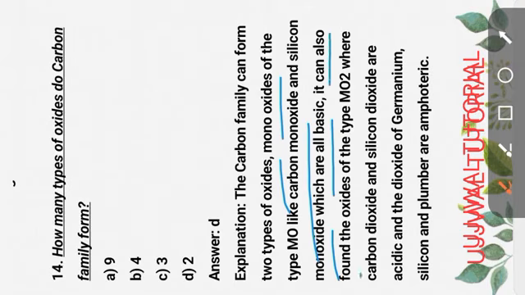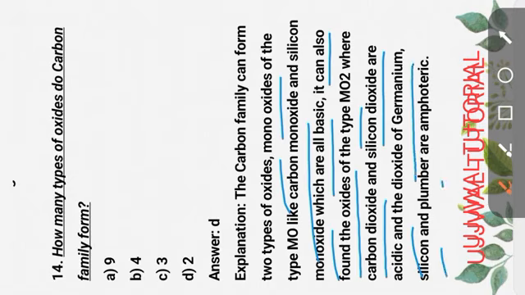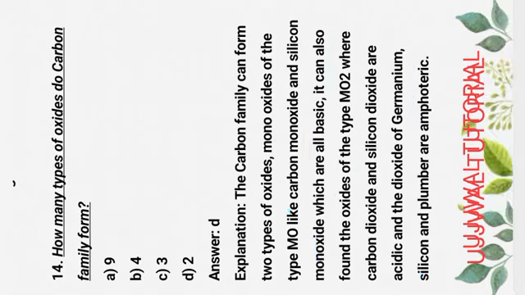It can also form oxides of the type MO2, where carbon dioxide and silicon dioxide are acidic, and the dioxides of germanium, tin and plumbum are amphoteric. Amphoteric means having both basic and acidic character.